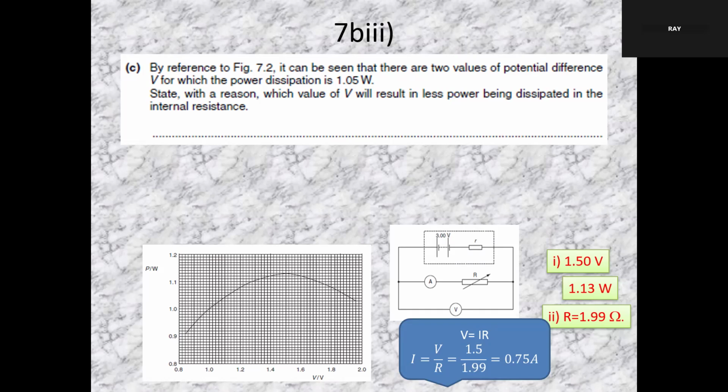You have two values of R, two values of V. They want which value will give the smallest energy dissipated in this r.